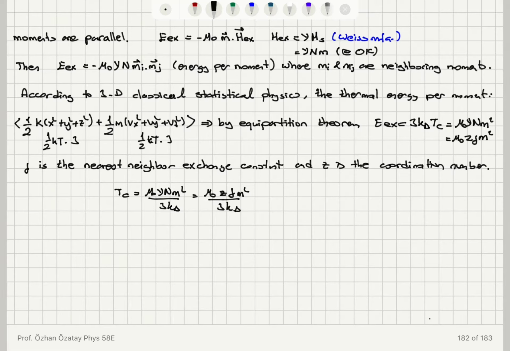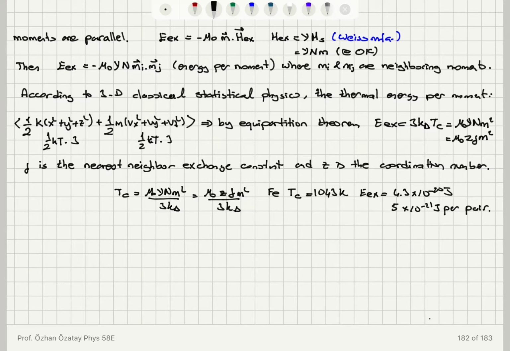Okay, and for iron, we talked about, for example, Tc is 1043 Kelvin, exchange energy is 4.3 times 10 to minus 20 joules and 5 times 10 to minus 21 joules per pair of moments in this case.